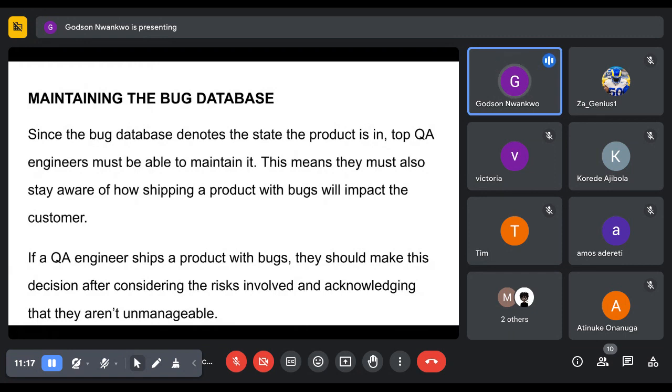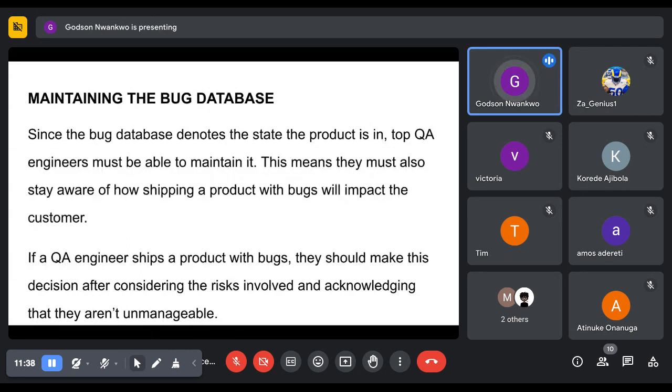Even if the bug has been fixed, you still have the database to go back and check: the engineer said the bug has been fixed, is it really fixed?